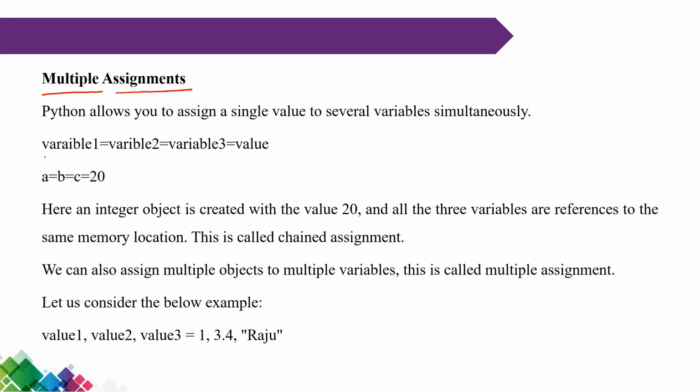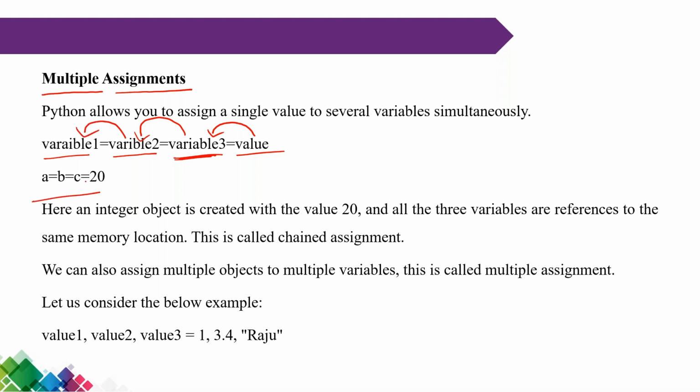For example, see this one. variable 1 is equal to variable 2 is equal to variable 3 is equal to value. Well, how does it happen? Is equal to in the sense the right side is assigned to the left side. Value is assigned to variable 3. Whatever is present in this is assigned to this one.